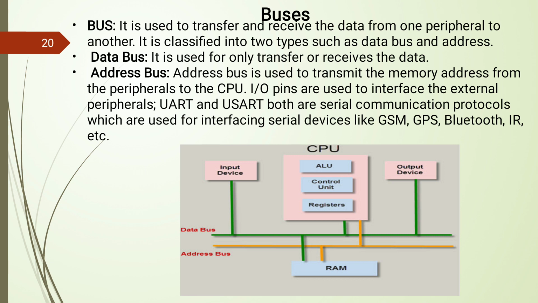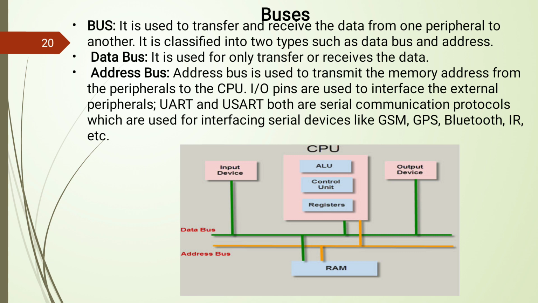So address buses are important, and control buses are used to send contents to various peripherals, or clock pulses, or to send some status. So buses are also associated.